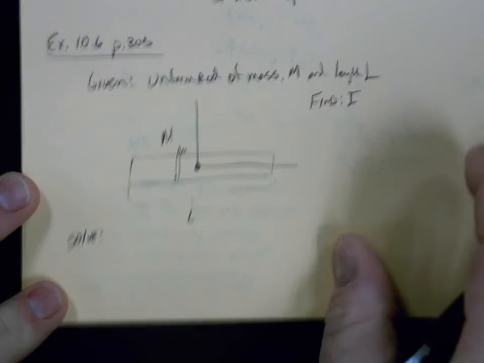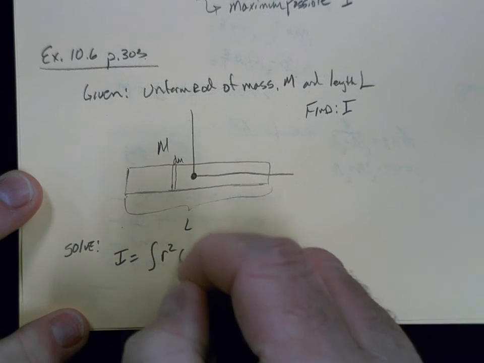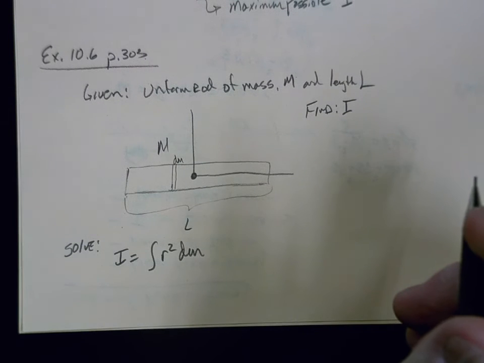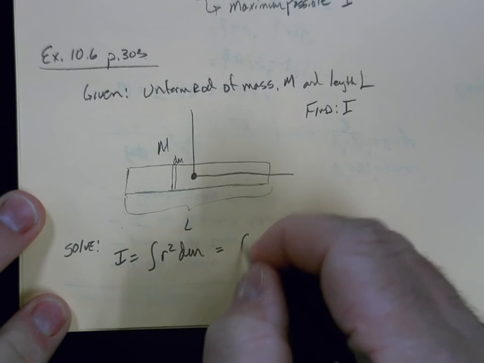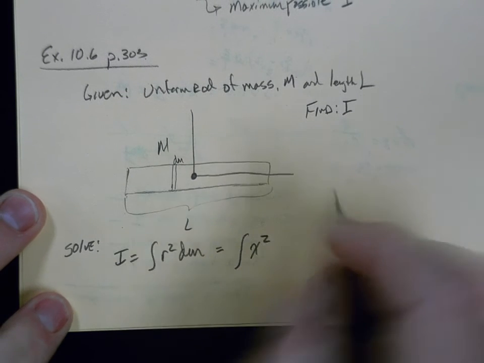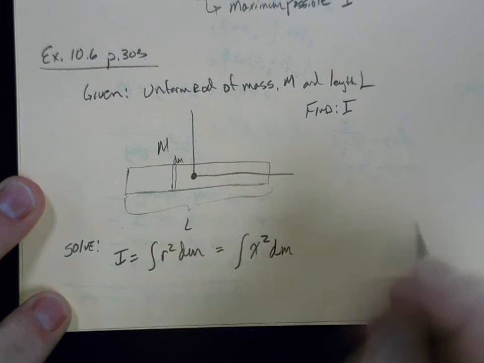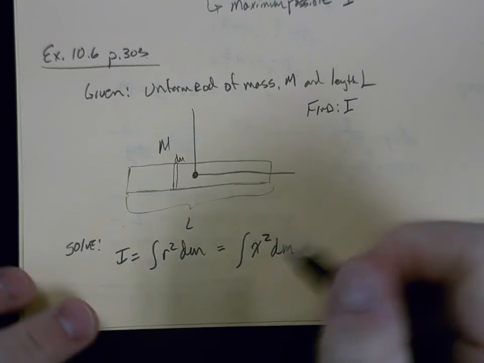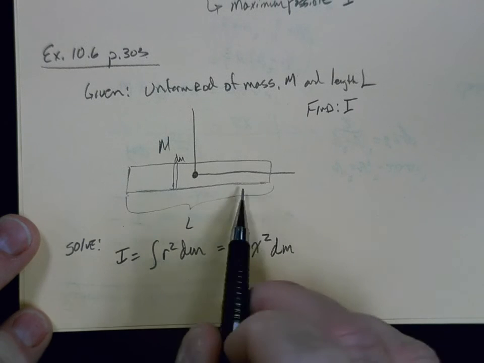So I equals the integral of r squared dm. This time it's a little different because we're on the x-axis, so we're going to have an integral of x squared, because that's the distance. But dm becomes tricky because our I is going to be dependent upon where our dm is along the axis.